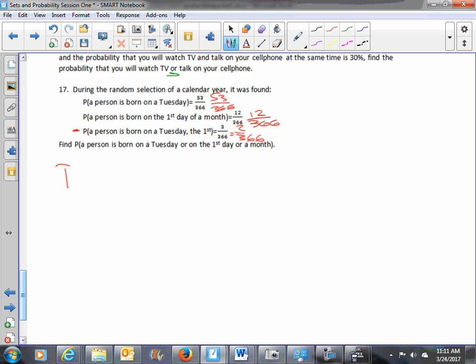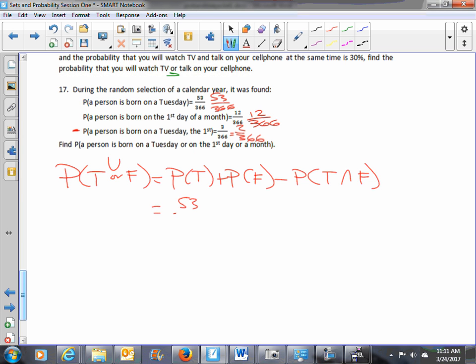Okay, well, the probability Tuesday or first day of the month is a union, and that's equal to the probability Tuesday plus the probability first day of the month minus the probability Tuesday and first day of the month. This is the principle of inclusion-exclusion. So we get probability Tuesday is 53 over 366.